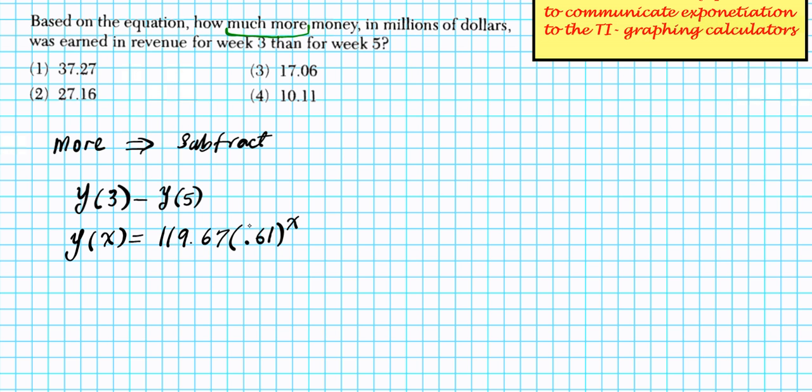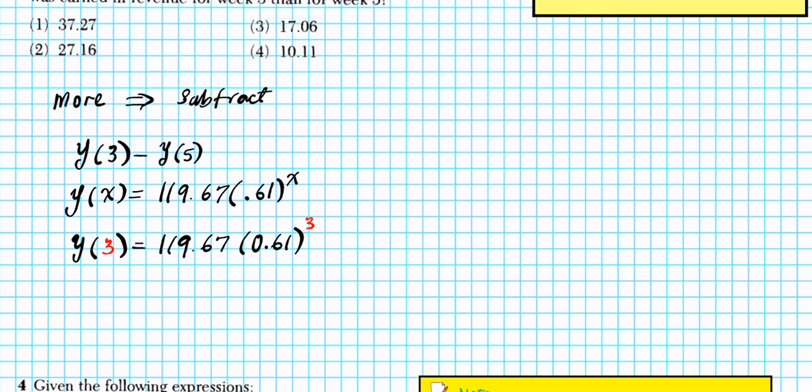All right, so let's go ahead and evaluate the two. So we start with y of 3. What is y of 3? It simply means that wherever you have x in the function, you replace it with the input value of 3. So 119.67 times 0.61 raised to the what power? Raised to the third power. So there goes your input. We're going to plug that into the calculator and figure it out.